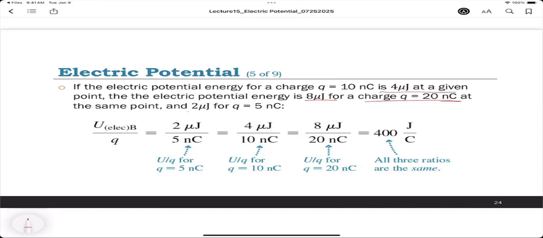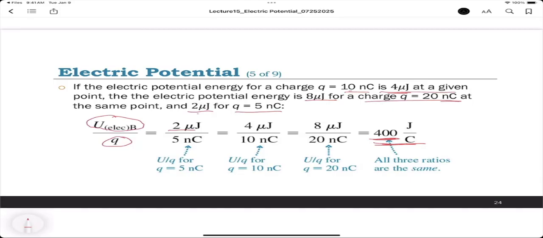If you divide the electrical potential energy by the charge, you will see all three ratios are the same.